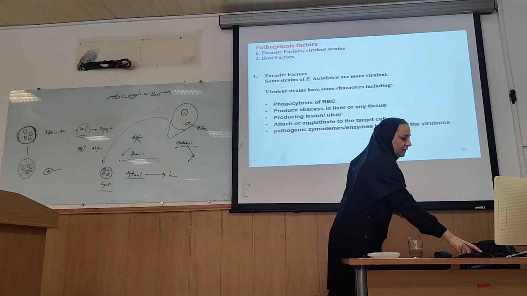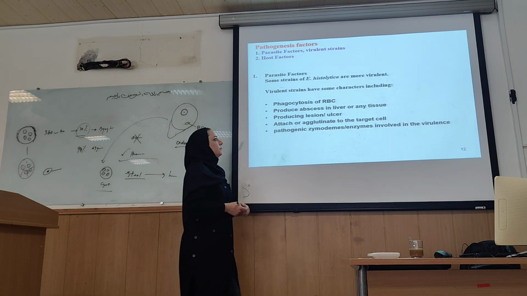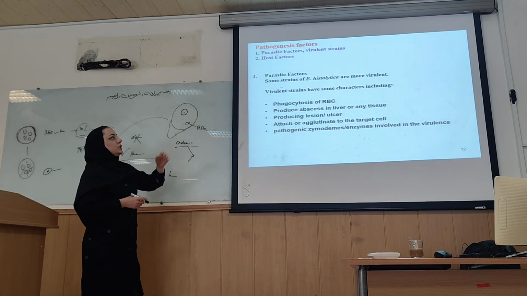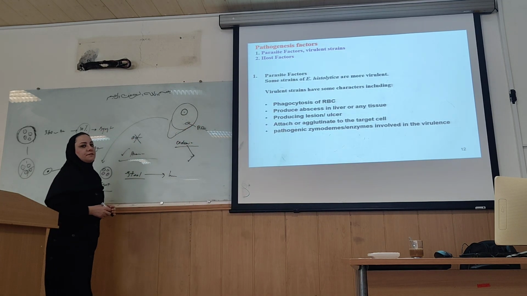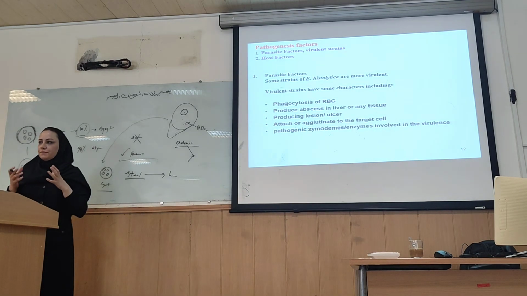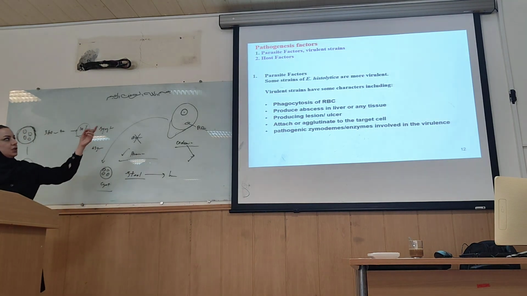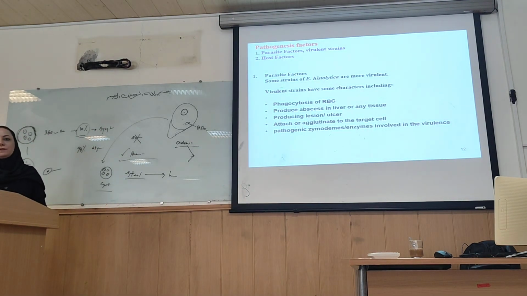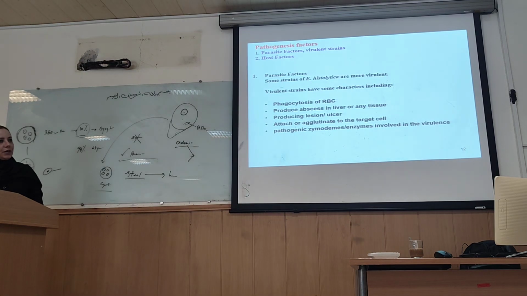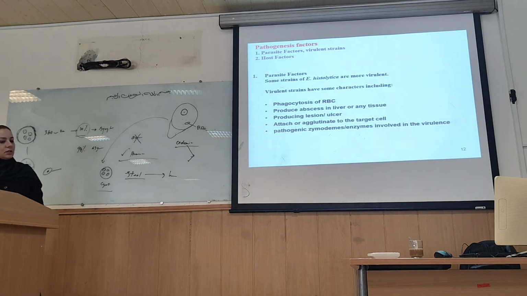So we have what we call pathogenicity or pathogenesis factors. In all infectious diseases, you should pay attention to pathogenesis factors. As a physician, as a doctor for your patients in the future, you should pay attention to this item because the treatment may be different. You should know the background of the patient who comes to you.